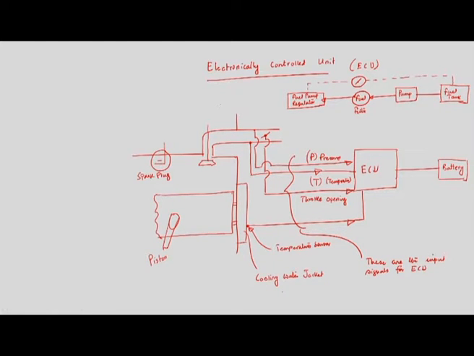Now, whenever we are supplying fuel, the amount of fuel that will be supplied into the intake manifold through the injection system, that information will be provided by the electronic control unit, the ECU. So, here we will have one input signal, and that signal will come from the ECU. I will discuss it in detail.